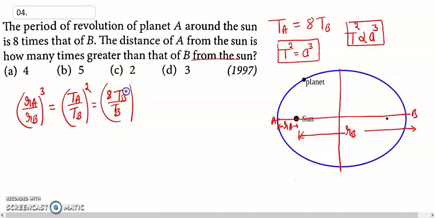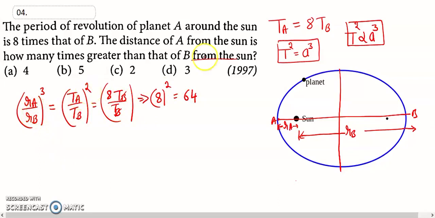Now TB gets cancelled, so that is equal to 8. So 8 squared is how much? 64.